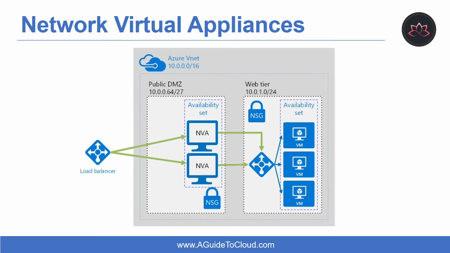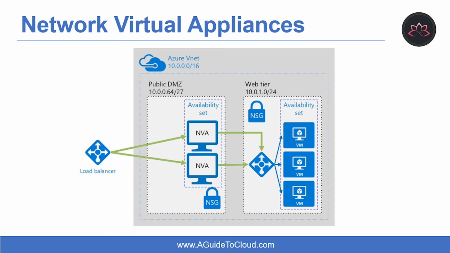So, what are network virtual appliances? You can deploy a network virtual appliance to a perimeter network in many architectures. The network virtual appliance provides a secure network boundary by checking all inbound and outbound network traffic and then passing only the traffic that meets the network security rules.